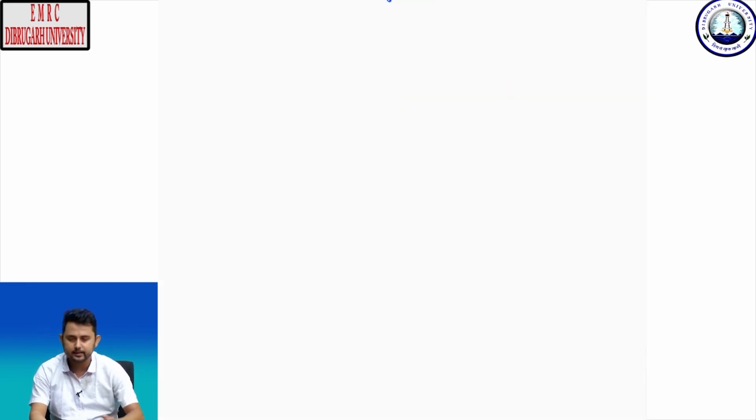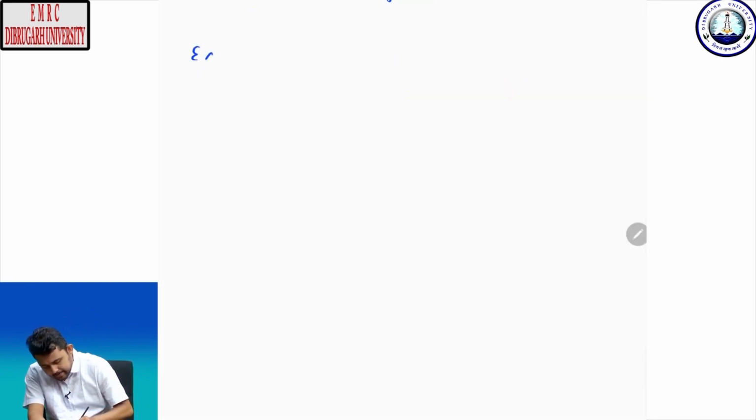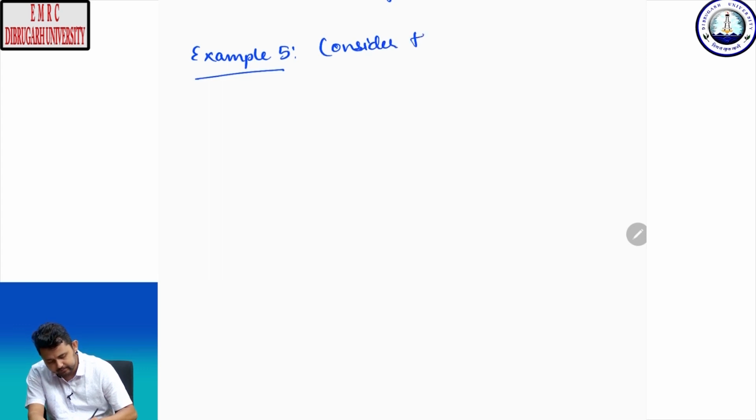Let us consider another example. Here we have the sequence of functions, again, consider the sequence of functions fn.